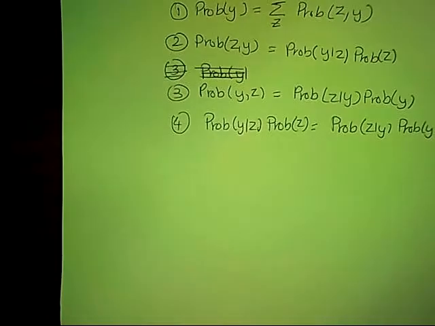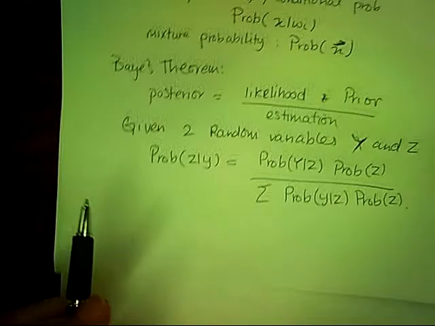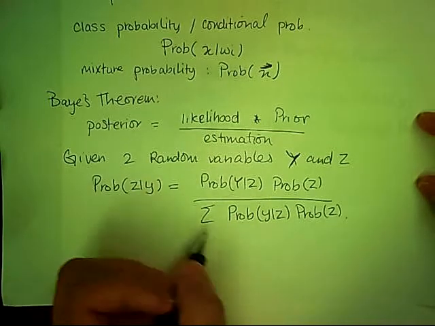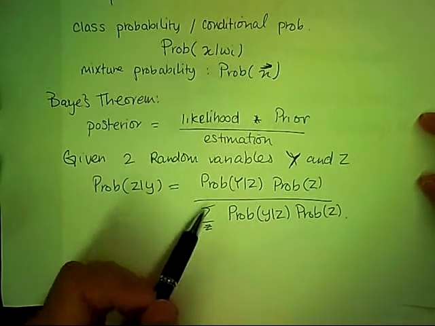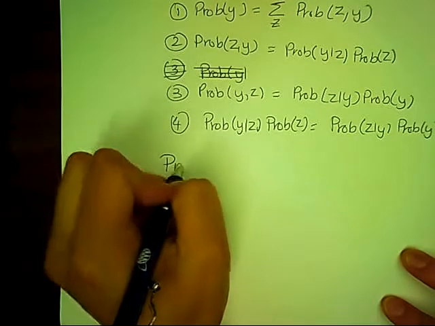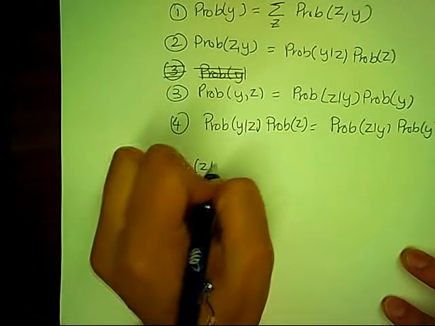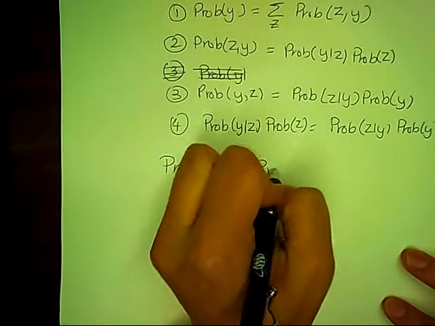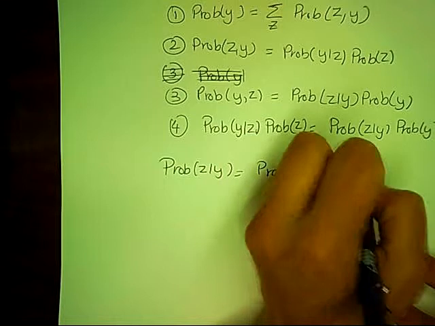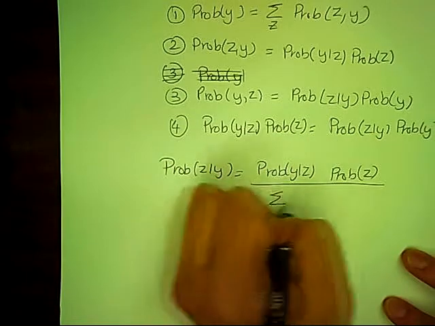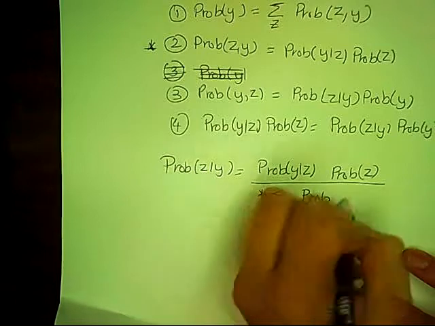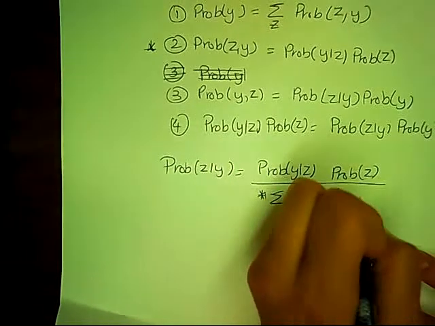Taking property 2, we can take Bayes' theorem's equation and change the denominator, making it the probability of z given y equals the probability of y given z times the probability of z over the summation of the probability of z and y.